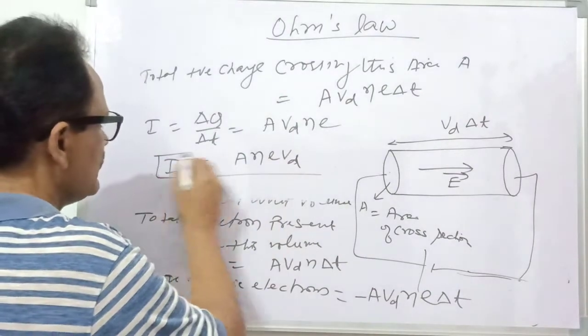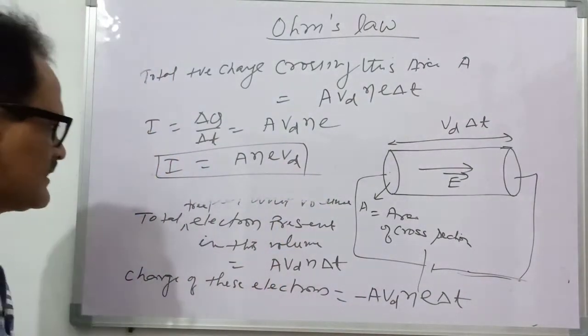This is the relation between the drift velocity and electric current.